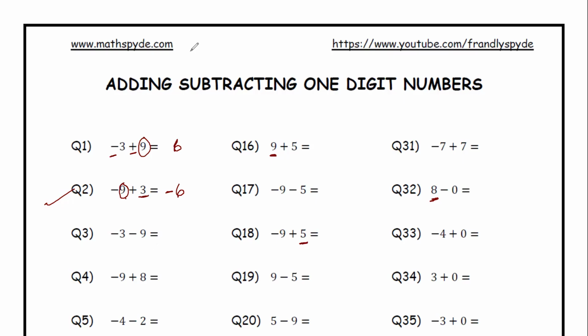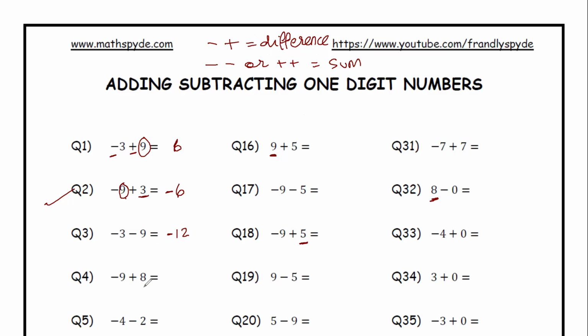So out here, whenever you have positive and negative, understand we have to take the difference. But whenever we have two negatives or two positives, we take the sum. Got it? So there are two negatives out here. Therefore, we'll take the sum of 9 and 3, which is 12, and then we'll put the negative sign because they both are negative numbers.